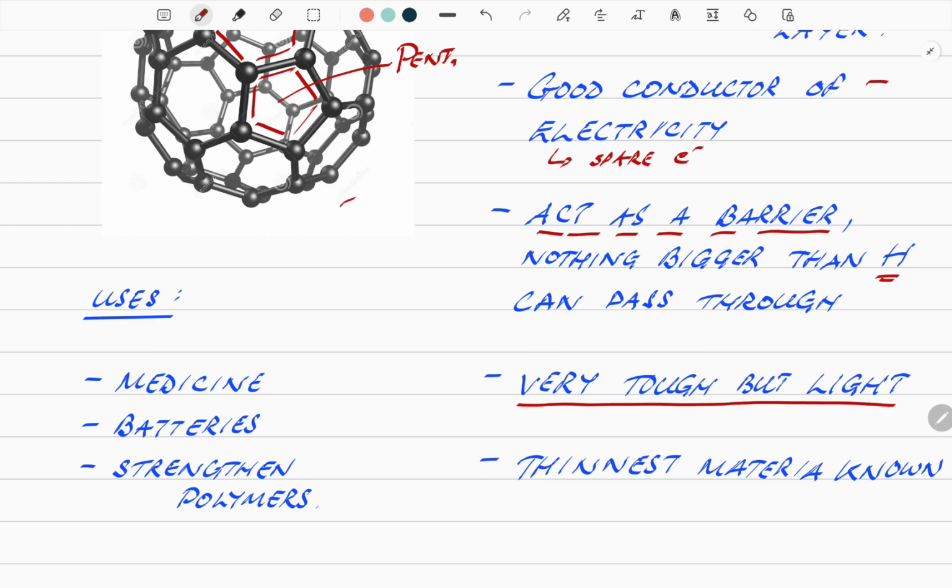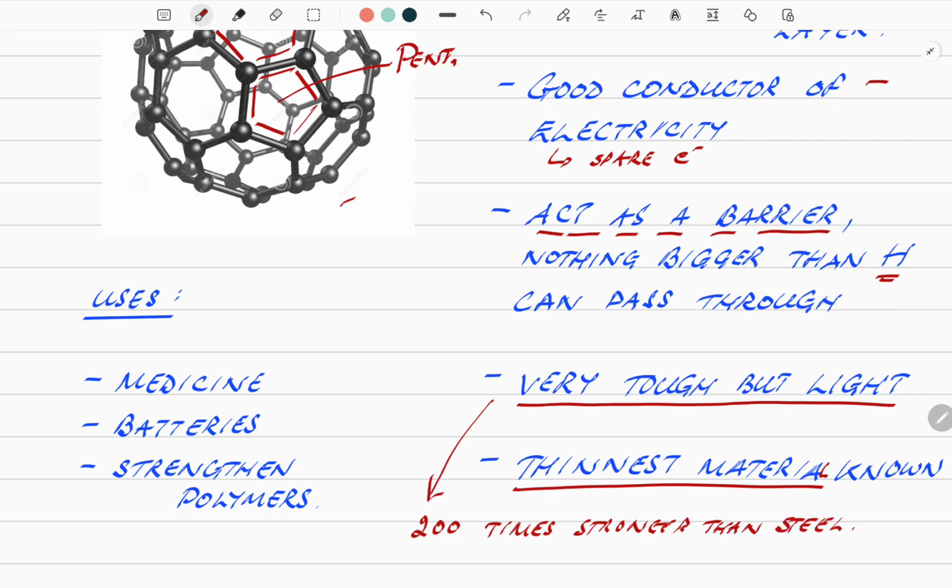And it's also the thinnest material known to man at the moment, because it's just one layer of atoms. The very tough bit has actually been proven to be 200 times stronger than steel, weight for weight.